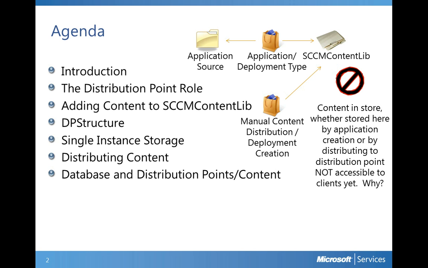Another thing you'll notice as we go through the demo: historically, whenever we compress content and send it down to child site distribution points, we do that by creating a PCK file and retaining it so that we can reference it in the future. Now we don't do that anymore. We'll take a snapshot of the content, store it into the SCCM Content Lib, and store it into the database.